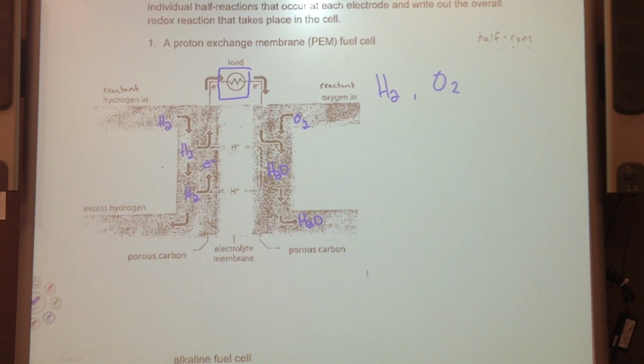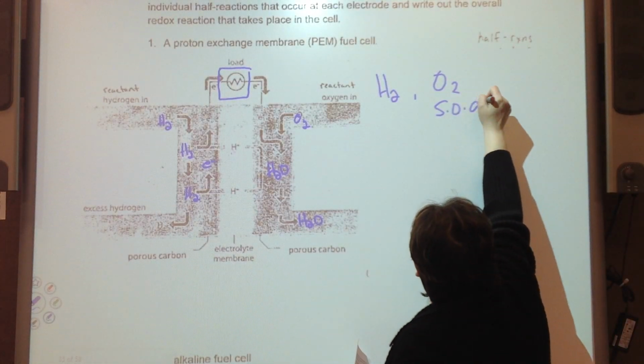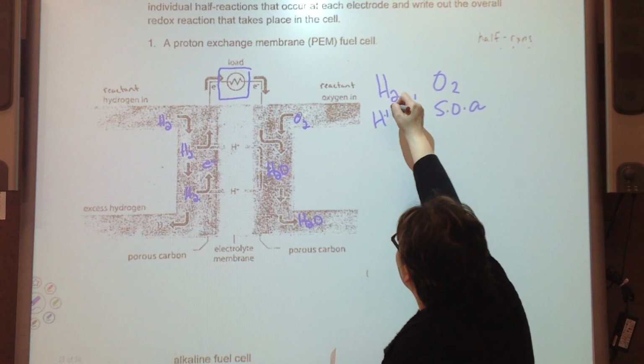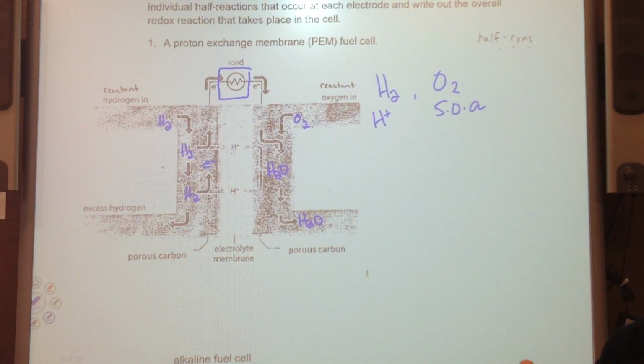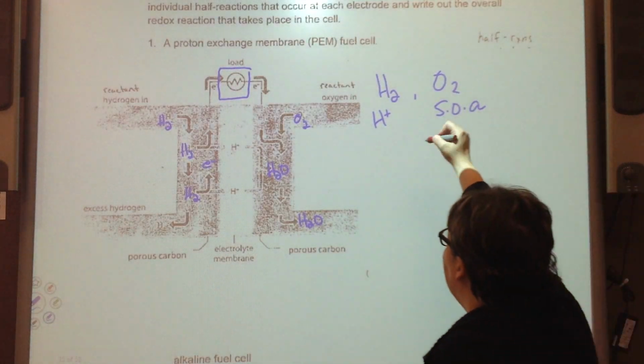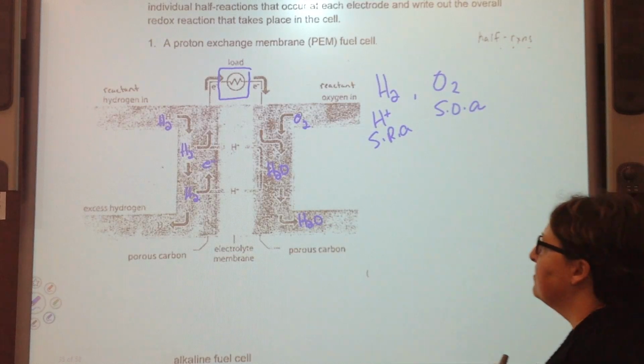Okay? So if I see oxygen at plus 1.23 and I see the hydrogen ion or hydrogen at 0, which one's my oxidizing agent? Oxygen. So that means that this is going to be my reducing. Remember, this is spontaneous.